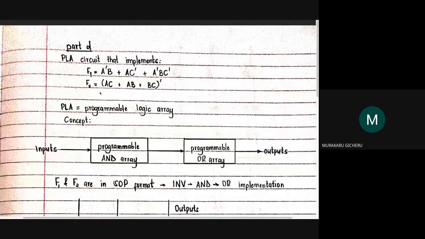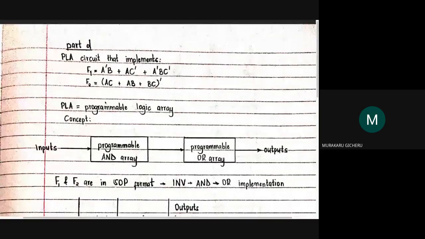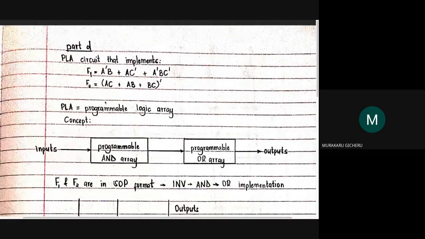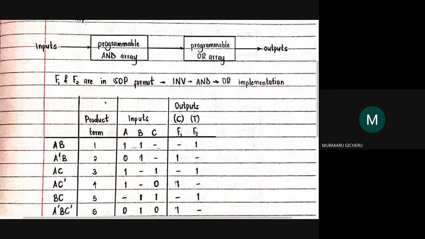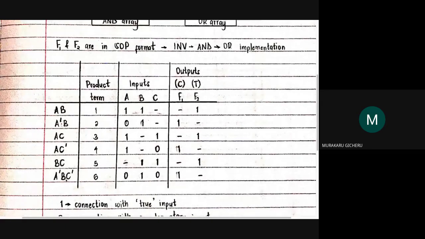Before I continue, when you're doing the PLA implementation, these product terms should be the minimum number of distinct product terms, because PLA is about density. It uses few gates, so it's good to use as few gates as possible. So we have 3 inputs and 6 product terms.